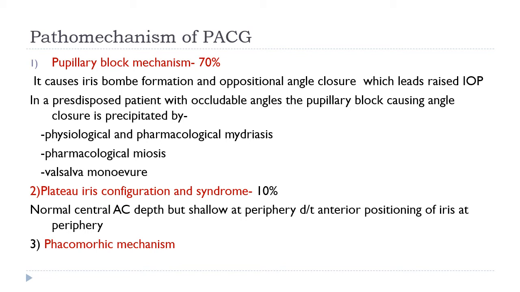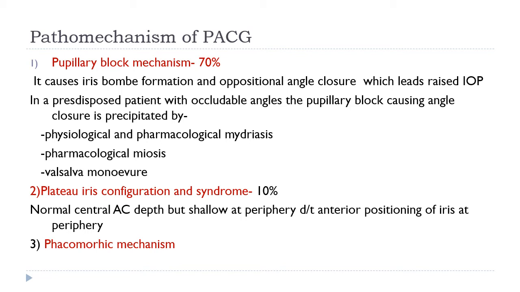There are other varieties, what we call the pupillary block mechanism, plateau iris configuration syndrome, and phacomorphic mechanism. These are the different situations where the angle gets closed.